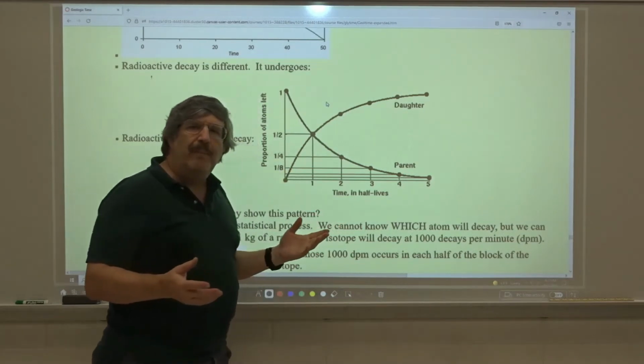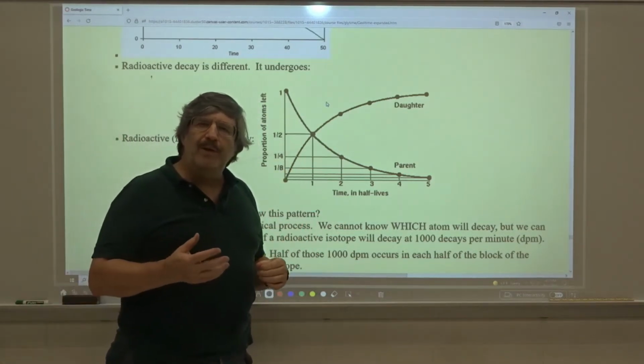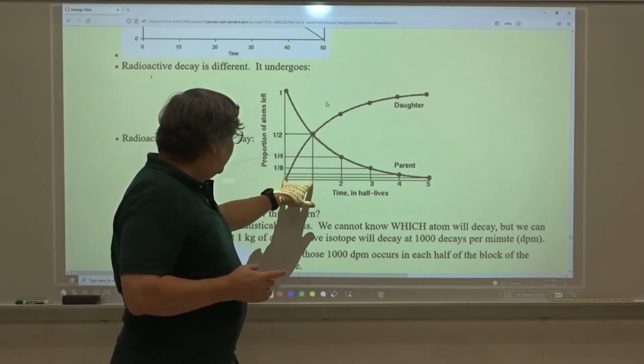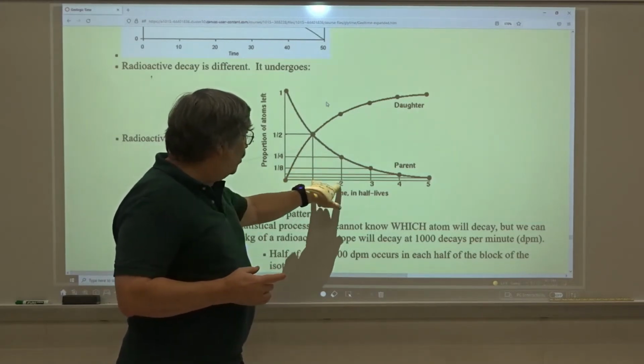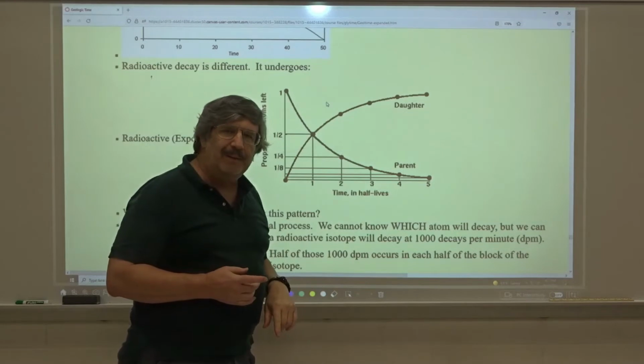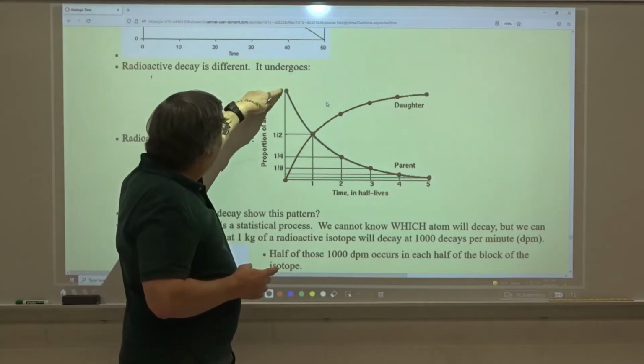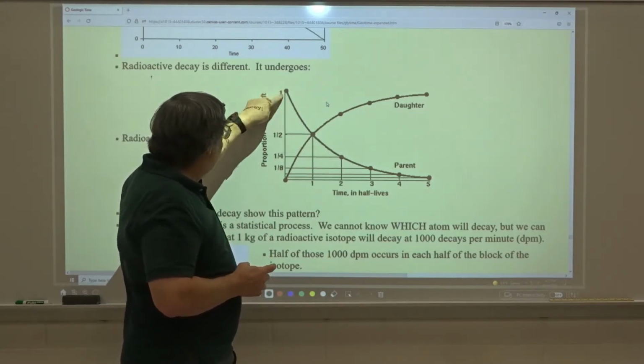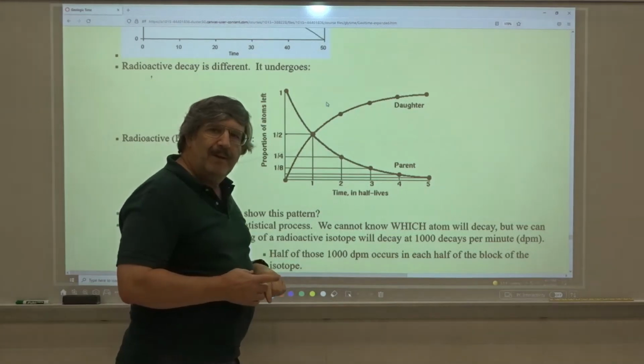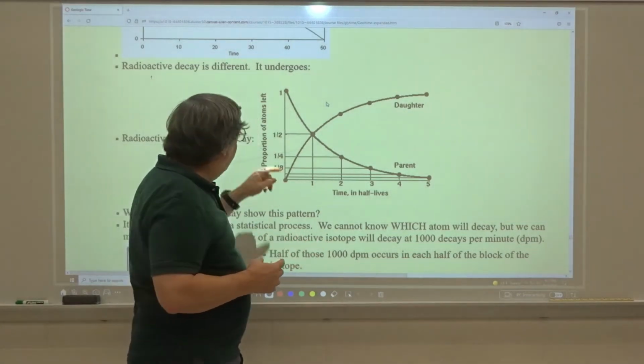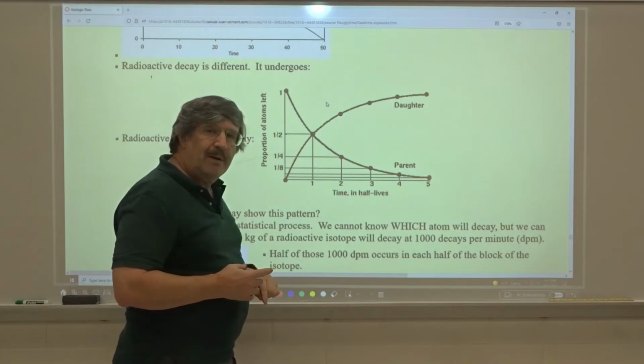So what are we doing mathematically? What are we doing to the amount after 1 or 2 or 3 or 4 half-lives? How do you get from a half to, or from 1 to a half? You divide by 2.